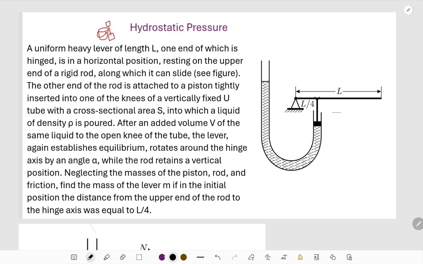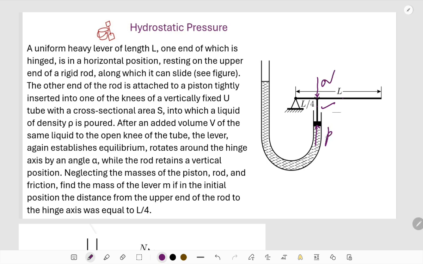This rod is massless. That means the two forces, the normal force exerted by the lever on this massless rod, and the force exerted by the piston, or piston is also massless, so take this piston and rod together, and on this piston I can see the liquid beneath will exert a pressure force, and on the upper side, on this rod, this lever exerts a normal force, not its weight, normal force.